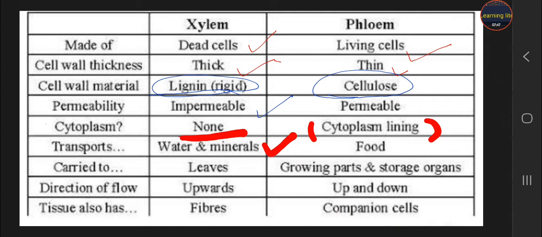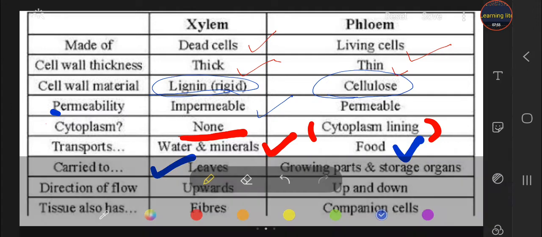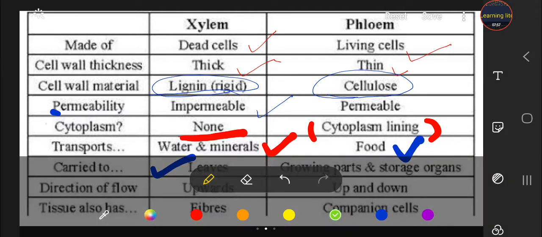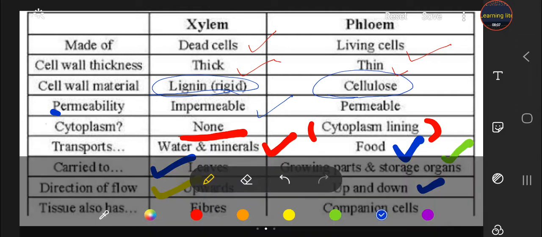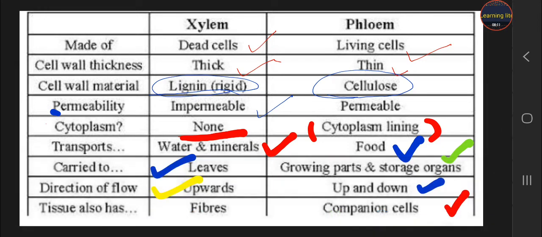Xylem transports water and minerals, phloem transports food. Xylem carries water and minerals to the leaves and phloem carries food to all parts. Xylem flows only in the upward direction, phloem flows food in both directions. Xylem has fibers and phloem has companion cells.